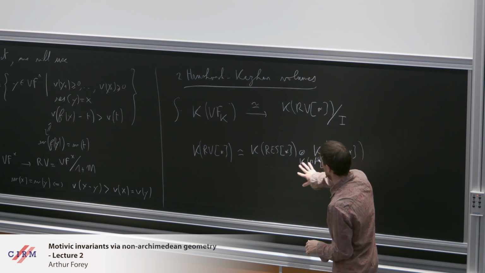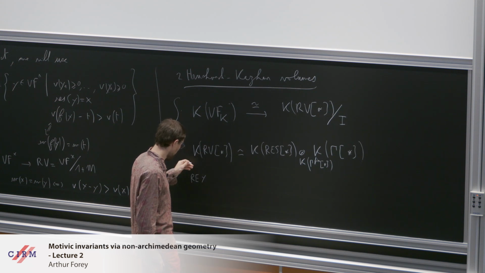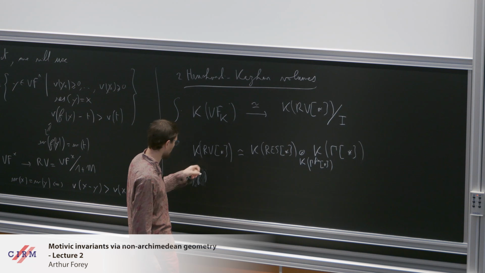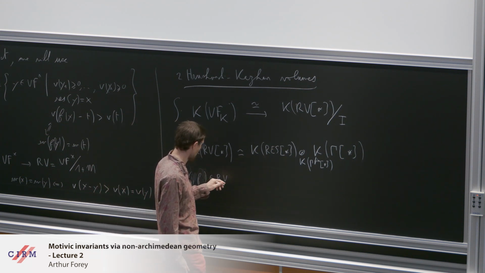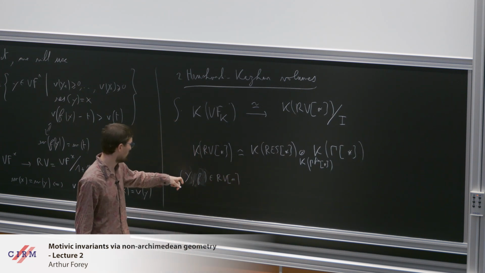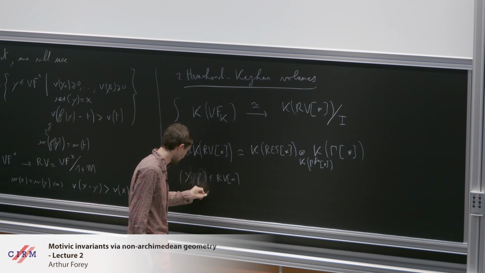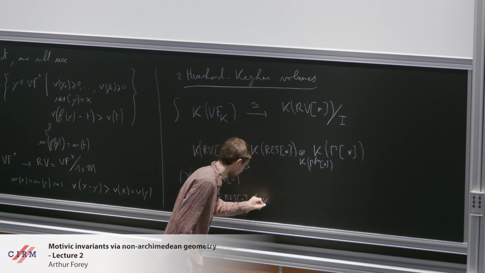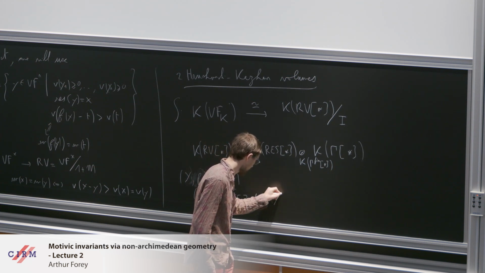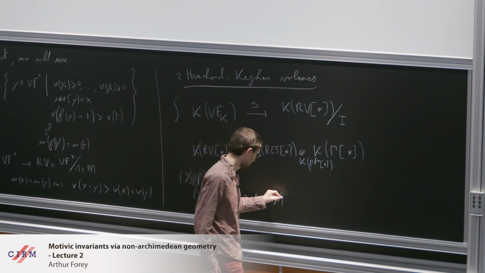So first, what are those things? Res: if I have an object Y with f in my category RV_N, meaning f goes from Y to RV^N, then I say that it is in res_N if the valuation of Y, where Y is a subset of RV so I can take the valuation of Y as a component, is a finite set.